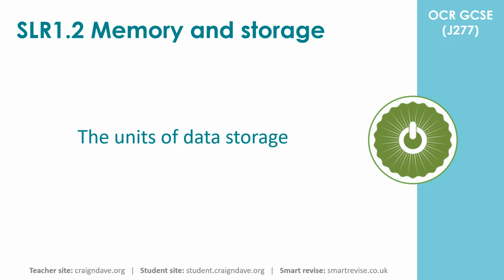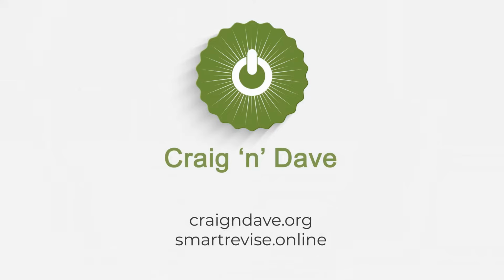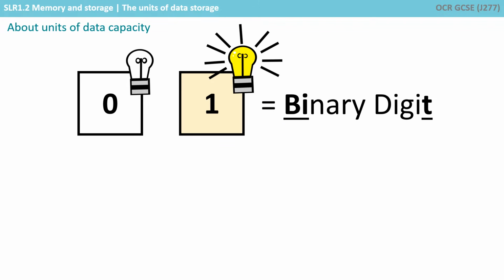In this video, we're exploring the measurements of data capacity. We already understand that everything stored in a computer system is stored in binary, those zeros and ones that represent just two states.